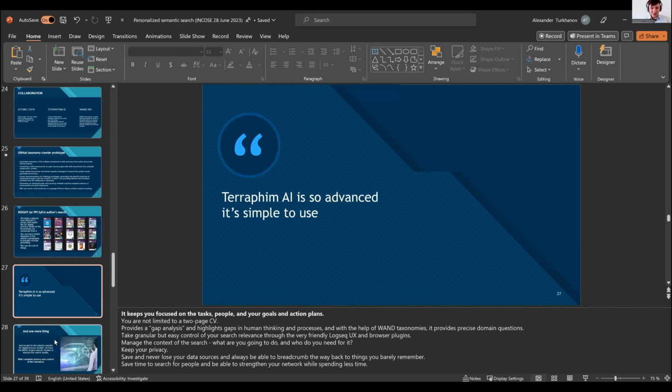Actually, despite this being a very complicated product on the inside, it is amazingly simple and easy to use on the outside. It's just a conversational AI assistant. It allows you not to be limited to a 2-page CV, and it allows you to drill down to your skills, to other people's skills, and have a meaningful conversation that goes beyond general questions.